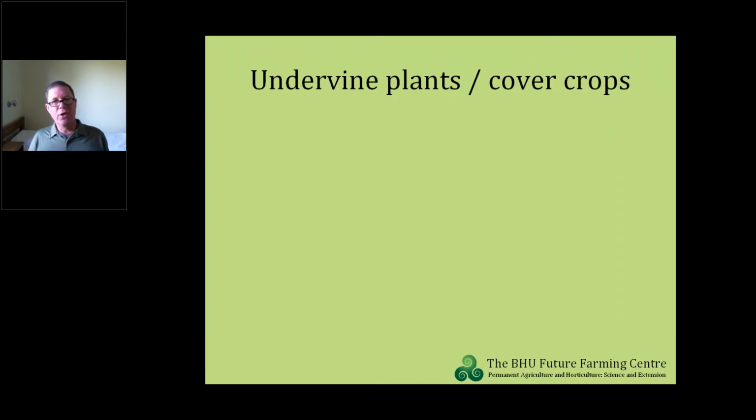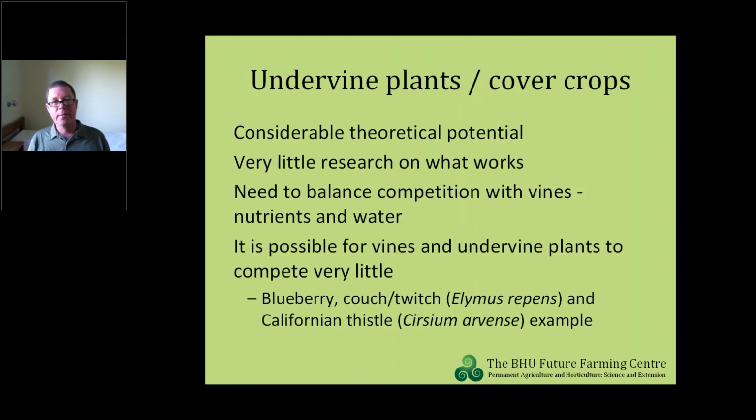Okay, I've already touched on using legumes, clovers on the vineyard floor for nitrogen supply. I now want to look at the bigger picture of other plants under the vine across the vineyard floor, that kind of generic term of cover crops, crops that are covering the ground, not being grown for a cash return.